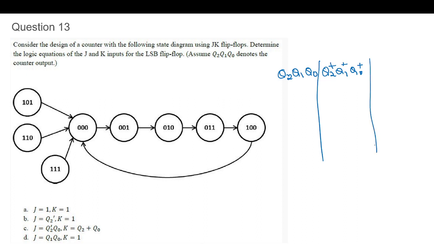And LSB flip-flop means J0, K0. I will write the equation for that alone. So it is 0 0 0 to 0 0 1. Fill this in order.